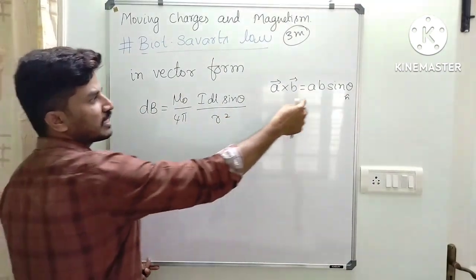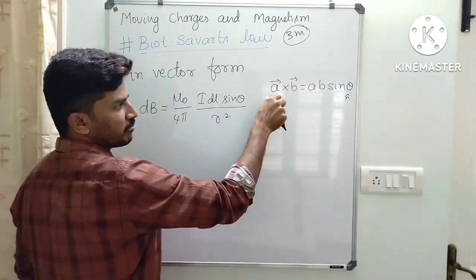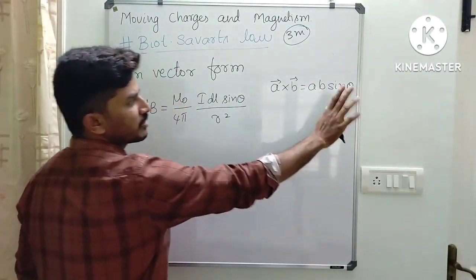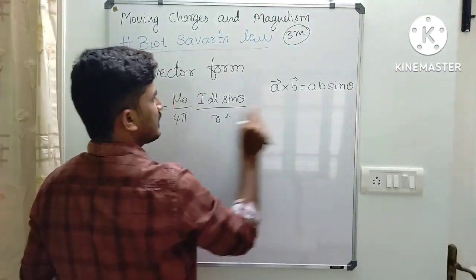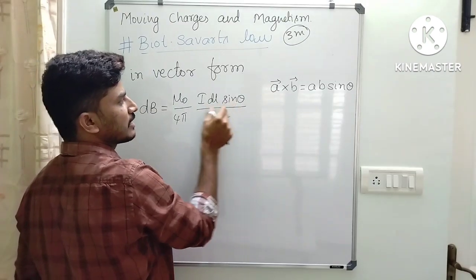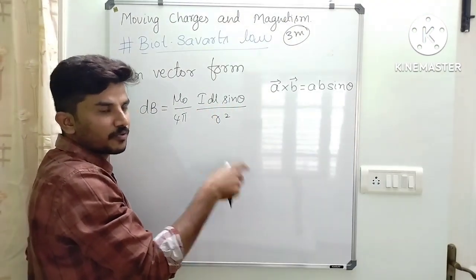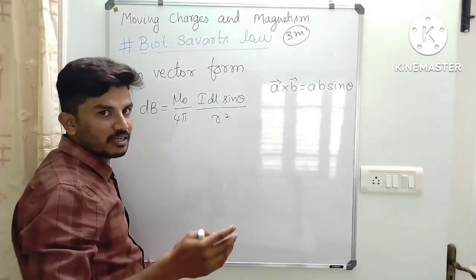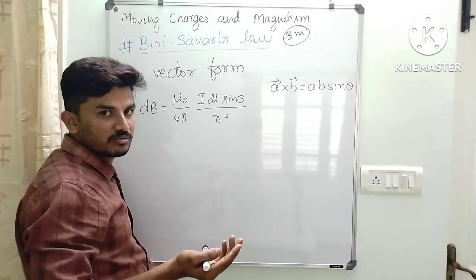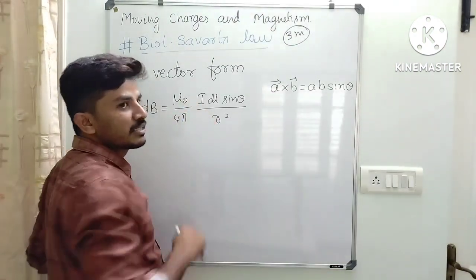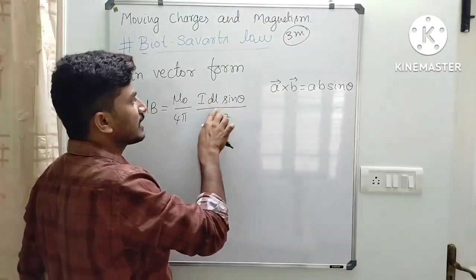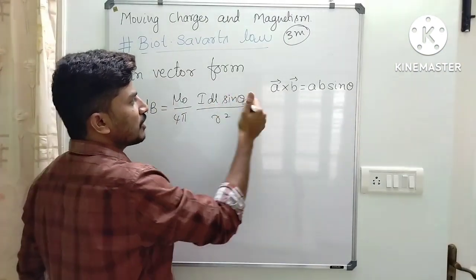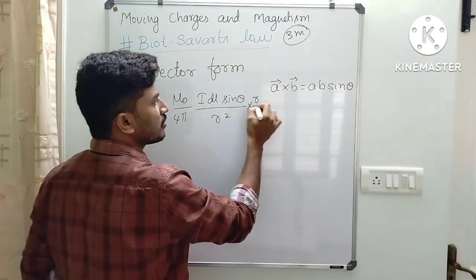Now, directly if you want to write this in vector form, let's consider this magnitude is 1. So AB sin theta, here also we have I dl sin theta. Can I write I cross dl? No, because I is not a scalar, nor is it a vector. It is a tensor. Okay, so we can't write like that.